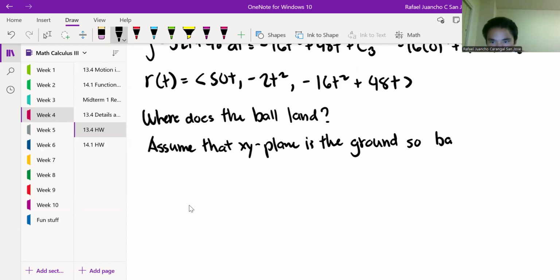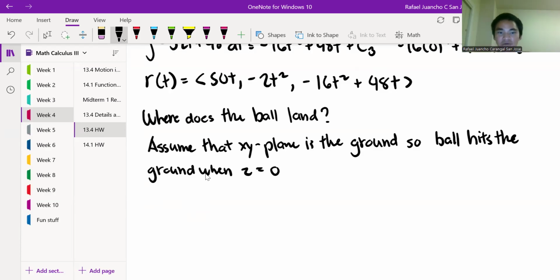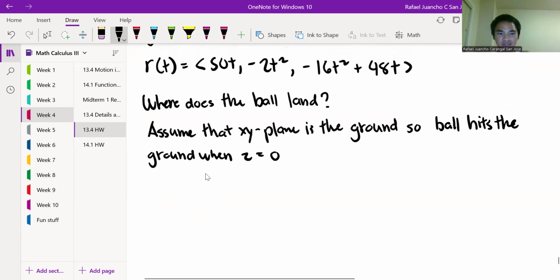So the ball hits it when it intersects the XY plane, so when z is 0. So we're saying that negative 16t squared plus 48t is equal to 0.